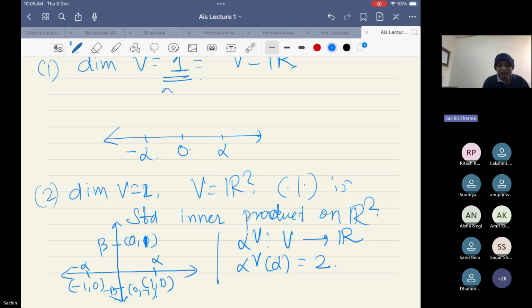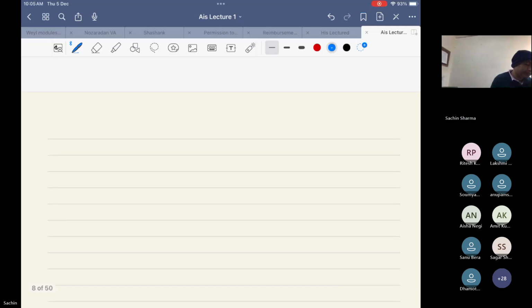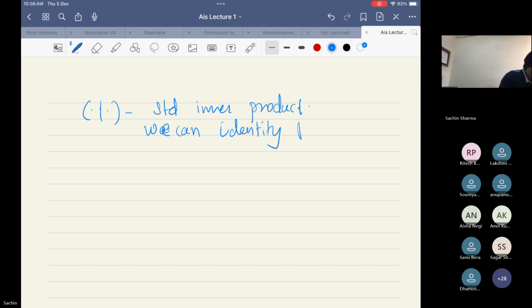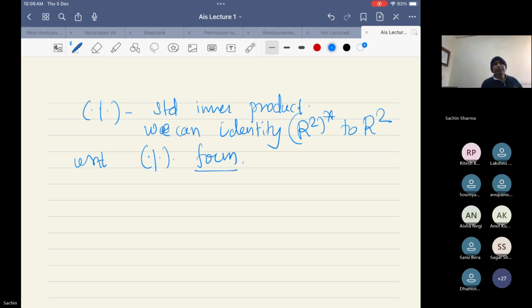With respect to that, you need to understand that we can identify R2 star with R2 with respect to the form.